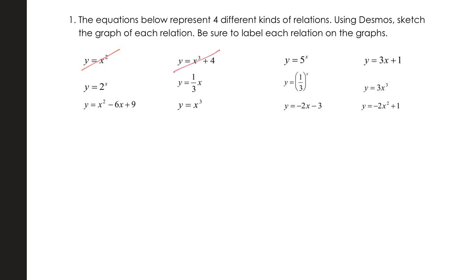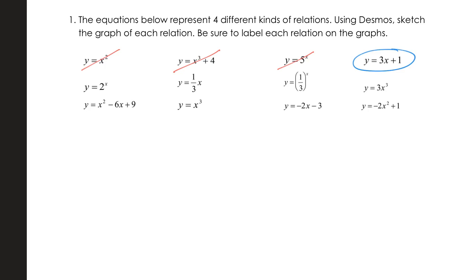Y equals x cubed plus 4 did not give me a line. Y equals 5 to the exponent x did not give me a line. Y equals 3x plus 1 did give me a line. And then slowly work your way through and just use Desmos to speed up the process.